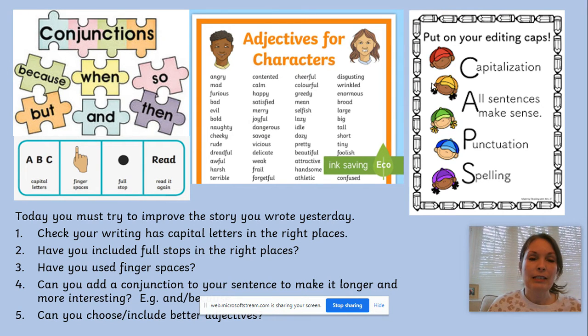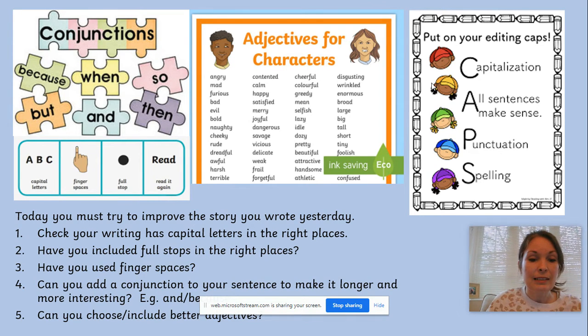So I'm thinking of the astronaut I wrote about yesterday. So I might have noticed that I wrote two short sentences about him. Perhaps I wrote, he landed on the moon, his plane broke. But I could improve that by using a conjunction.